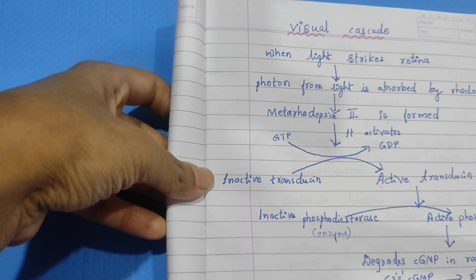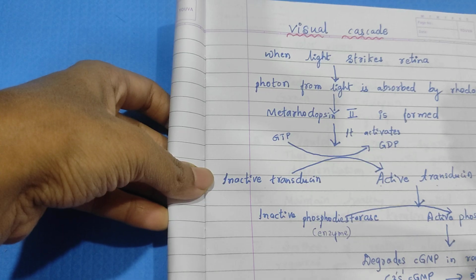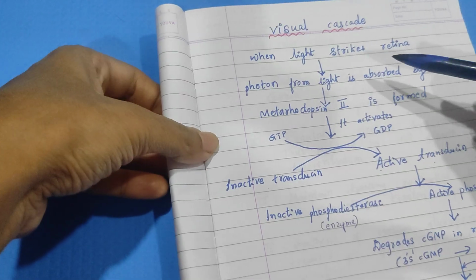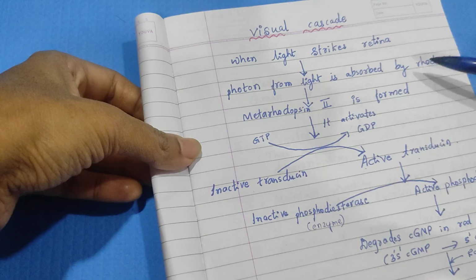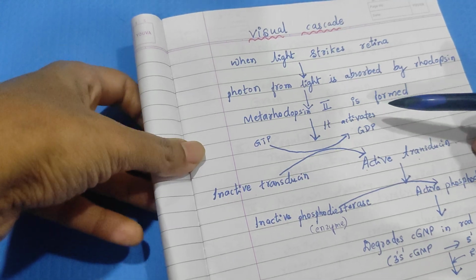Let's understand the visual cascade, how the light is converted into electrical signal which will be sent to the brain. See, when the light strikes the retina, photon from the light is absorbed by the rhodopsin. So metarhodopsin 2 is formed.